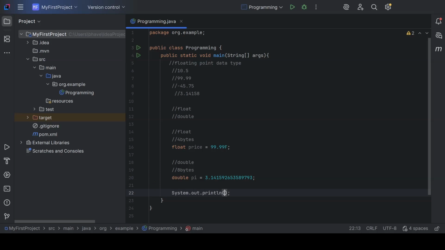So let's print and see the precision. So pi. Let's run the application. So here we store decimal values using float and double and then print them.